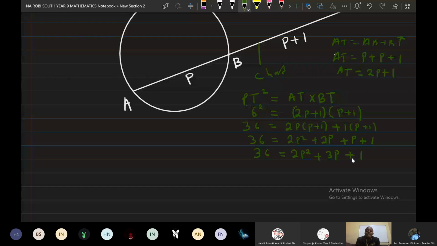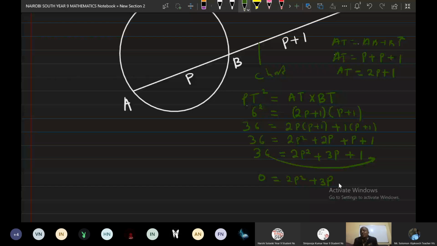We are not done. We have to move that 36 to the other side so that we get a quadratic expression because of that square there. So 0 equals 2P squared plus 3P plus 1 minus 36.